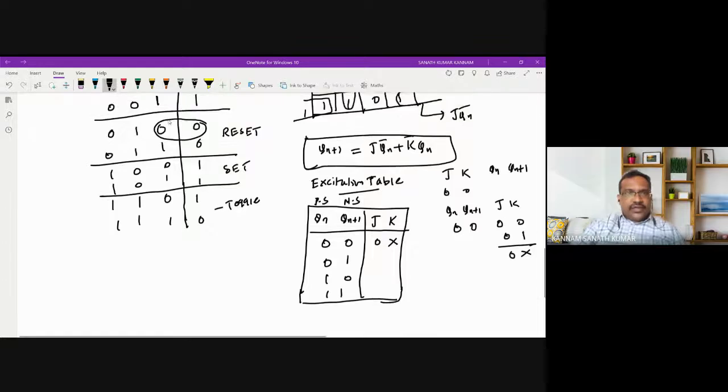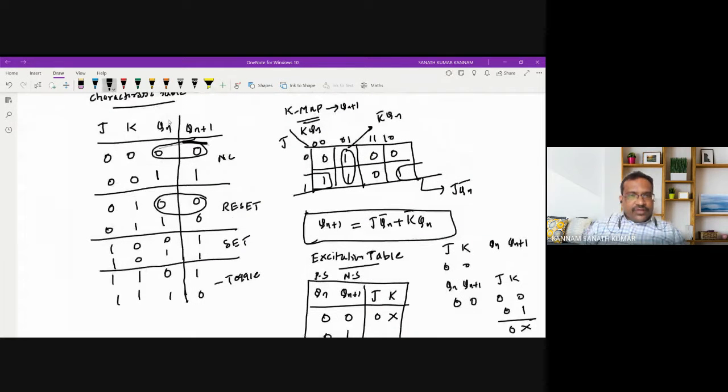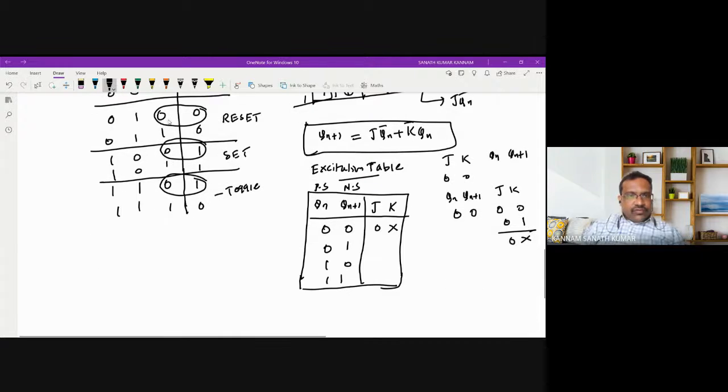And next, if you see 0, 1, this case and this case. If Qn and Qn plus 1 are 0, 1, what are the J and K values? That means 1, 0 and 1, 1. If you combine, 1 is common, but K is 0 and 1, so you can write don't care.